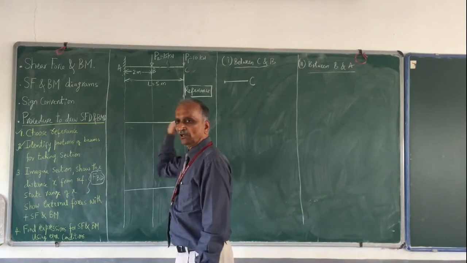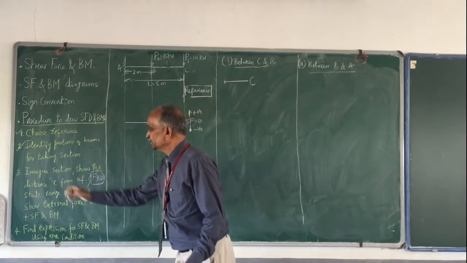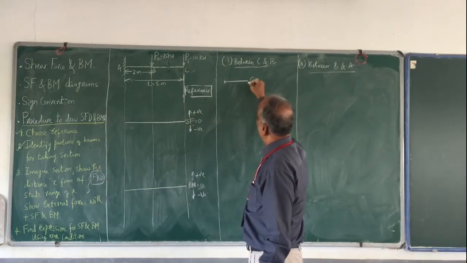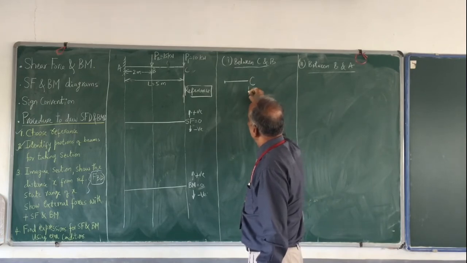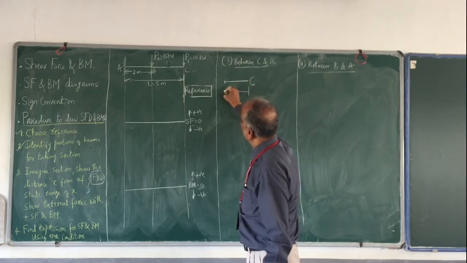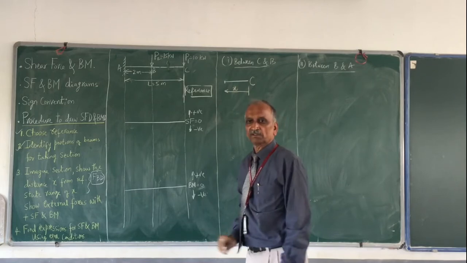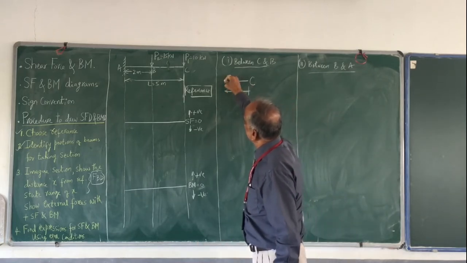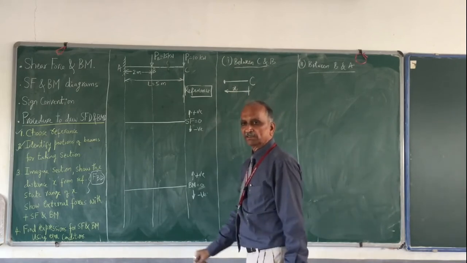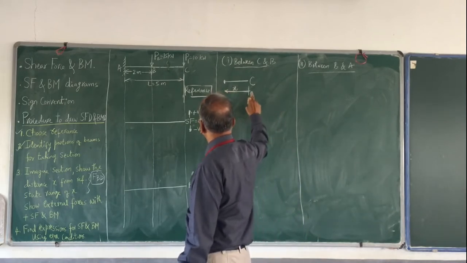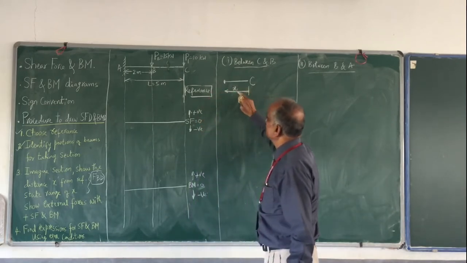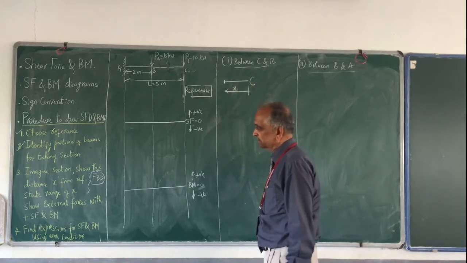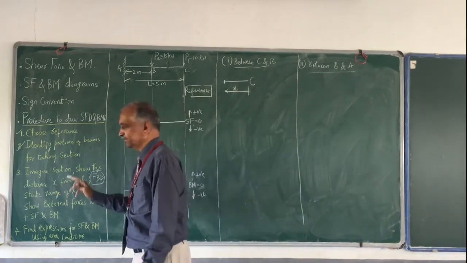Show the distance x from the reference. This is my reference and this is my x. Where you are taking the section, this is my section, and the section is at a distance x from the reference.